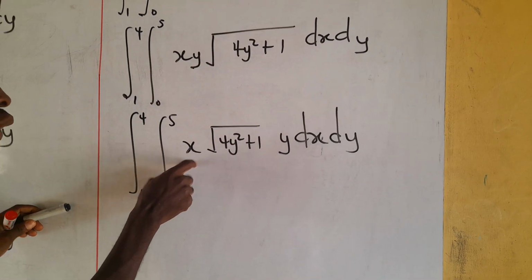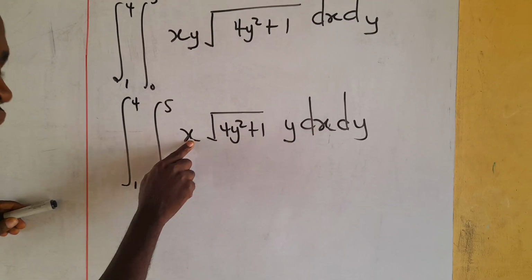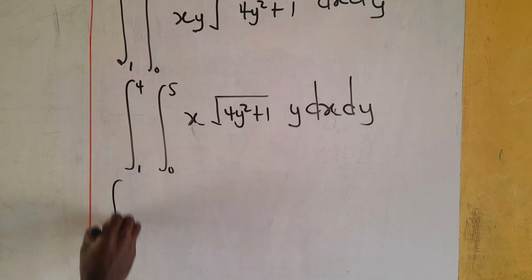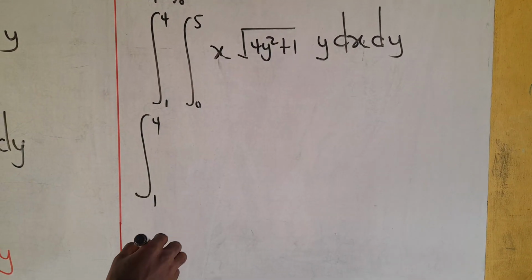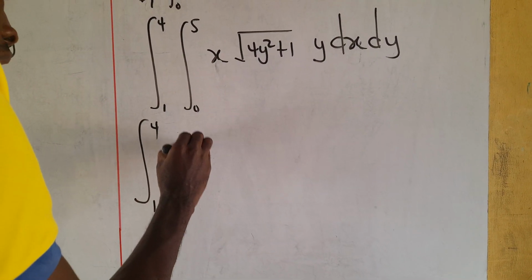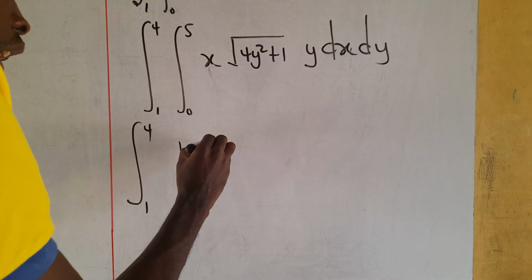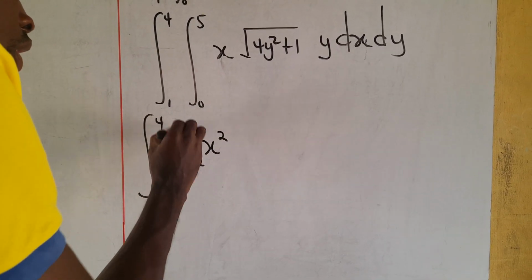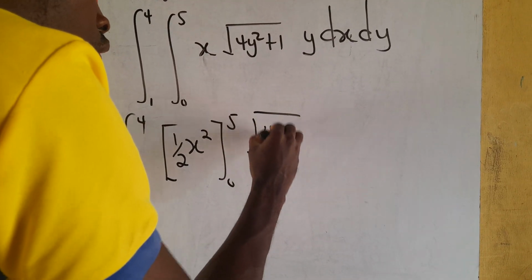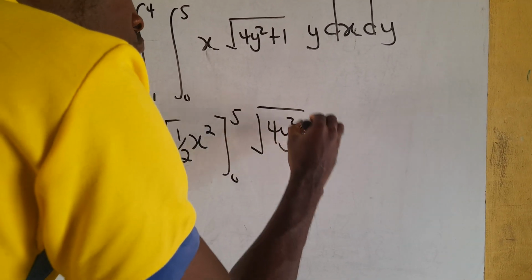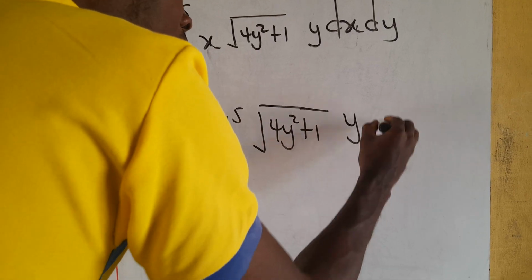Now what do we do? We integrate with respect to x first. The integral from 1 to 4. When we integrate x, we'll get half x squared, 0.5 x squared, times the square root of 4y squared plus 1, then y dy.